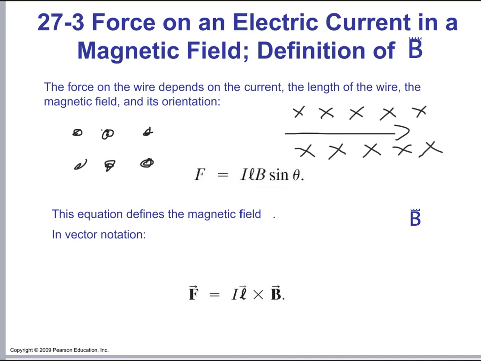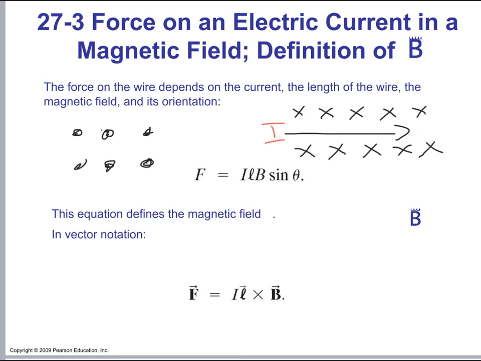But let's look at this specific example here. I have a current I that is going to the right and a magnetic field that's going into the page. And what I want to determine is what is the direction of the force. Well, I'm going to line my fingers up with the current, and the current is represented by I here. Remember, I've got my right hand in the shape of that karate chop with the thumb extended, and I'm going to have the current be going to the right.